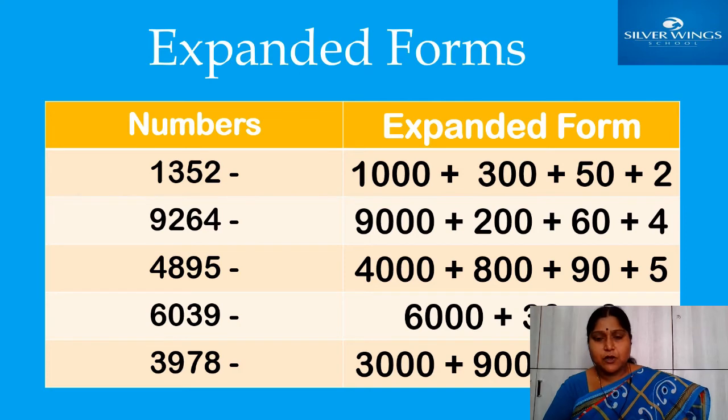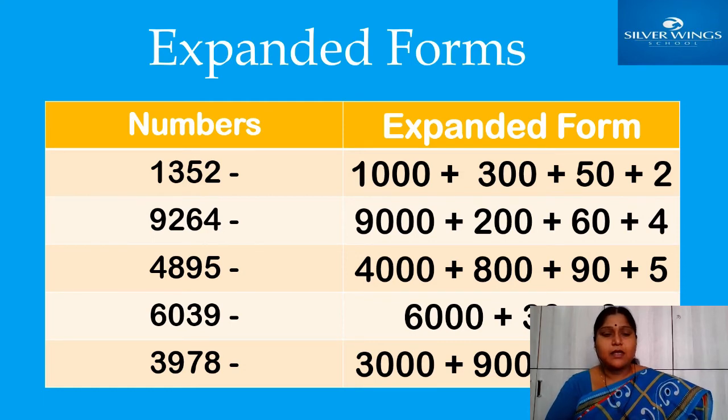Next, 3 is in the hundreds place, so the place value of 3 is 300 plus. 5 is in the tens place, so we write 50 plus 2. This is called the expanded form of the number 1352. Now see, very easy.